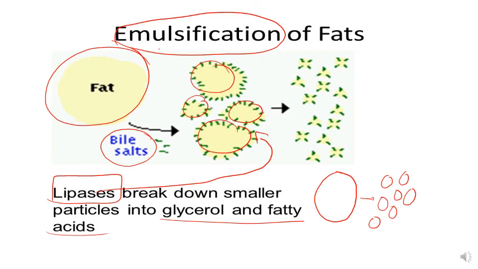Emulsification means the separation or degradation into smaller pieces, or cutting them into smaller pieces. Then lipase will work on lipids and digest them into fatty acids and glycerol, which is the simplest form of the lipids.